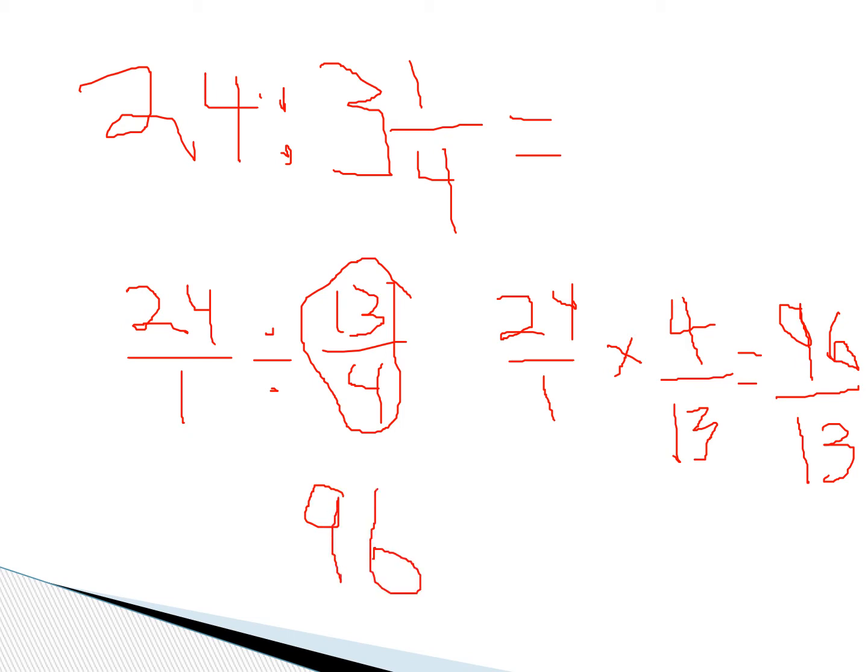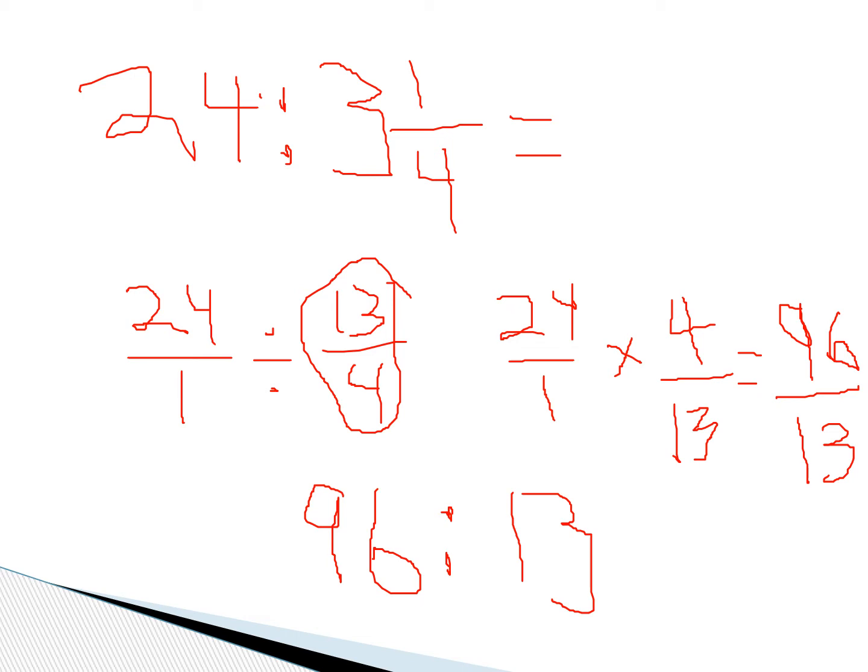So we have 96 to 13. The correct way to write this problem out is in the ratio format, because that's what the directions say. Hopefully that'll help you out with that particular homework assignment. So that was practice 2, page 131.